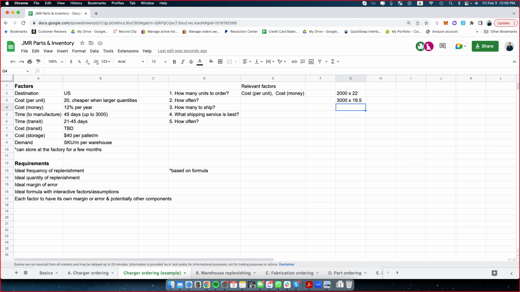So we have 1,000 units multiplied by, let's say that it's only $19.5. I'm also going to remove the price difference of the other 2,000. So the other 2,000, I've just saved myself $2.50.